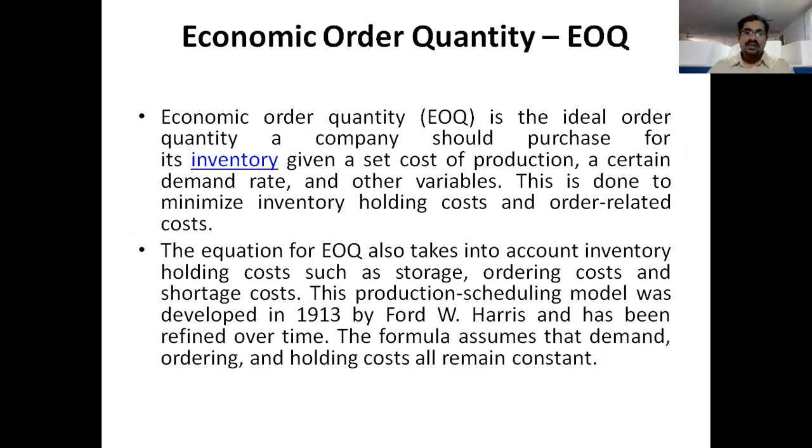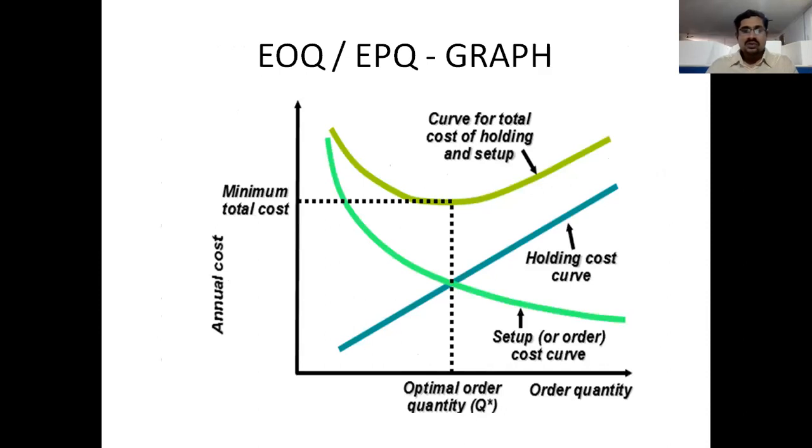Once again I want to repeat it: we order a quantity of material to the supplier purely based upon our economy. That is called EOQ, economic order quantity. So through this graph we can find our EOQ. So this is the point, the EOQ level, right?